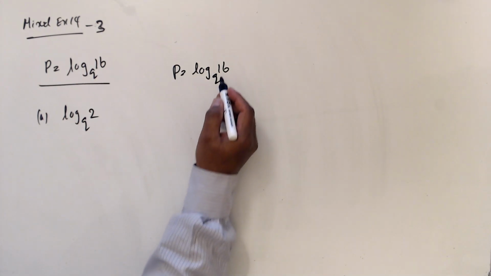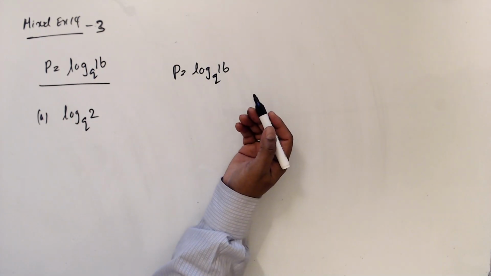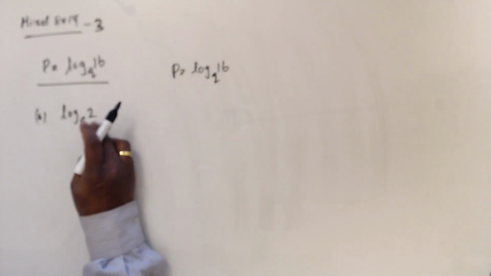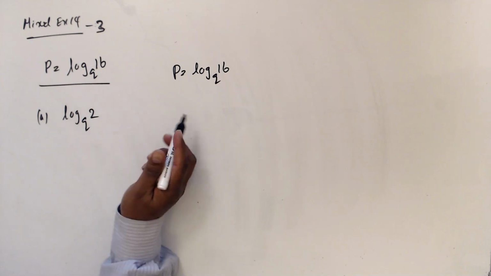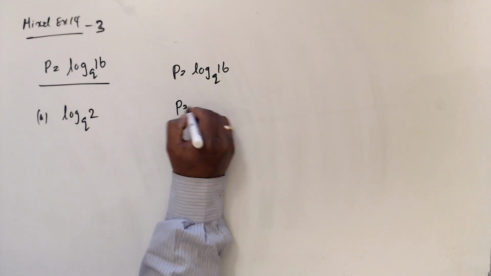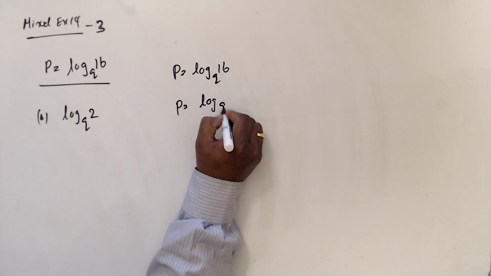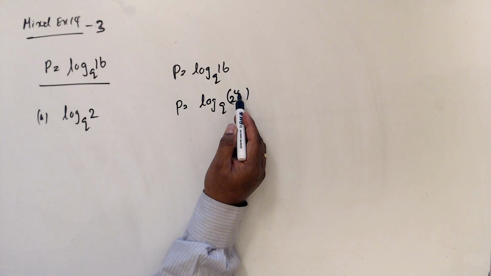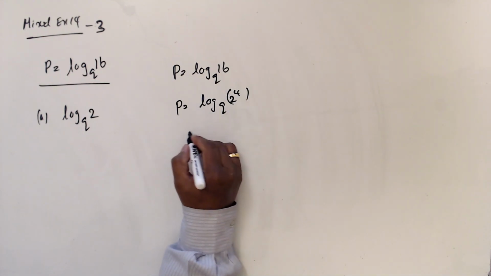Can I write this 16 as 2 to something? So I want to turn this into Q to the power 2. What is the technique of doing it? So P equal log Q to the power 2 to the power 4, if I write it so, then I know the power I can bring forward.